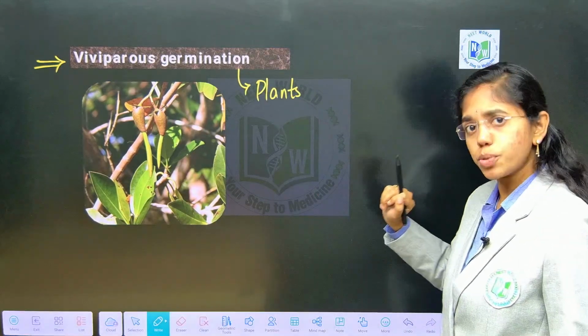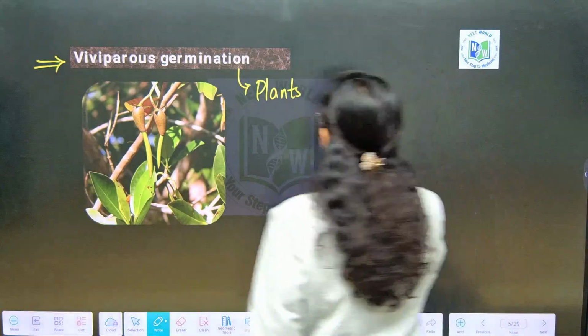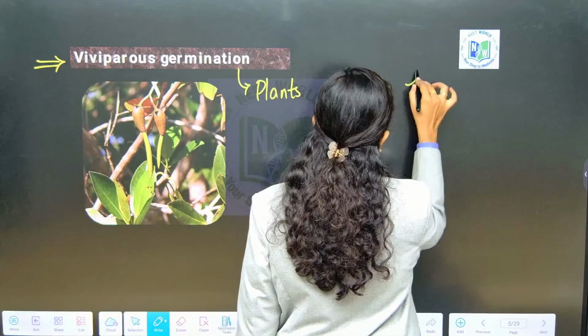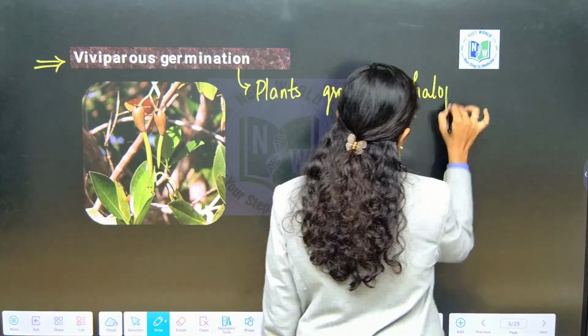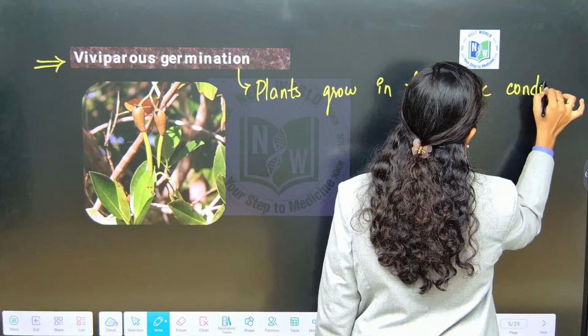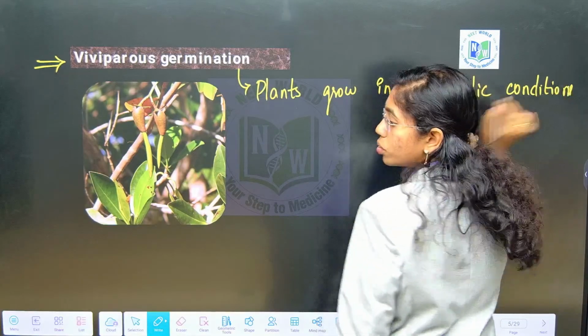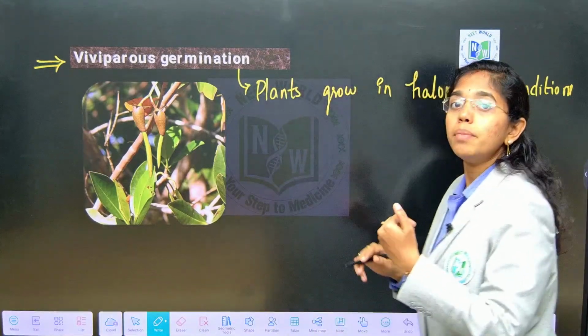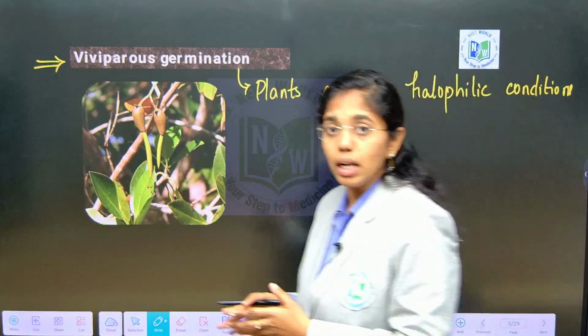Best example is mangroves, which grow close to the seashores. There seed is unable to germinate in such environmental conditions.